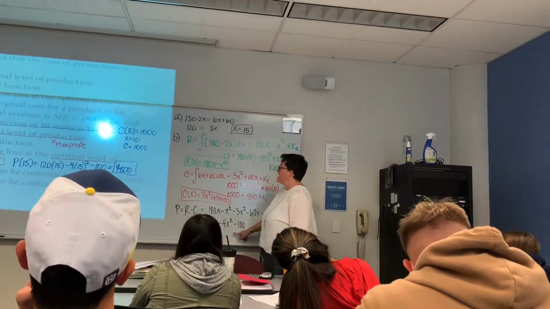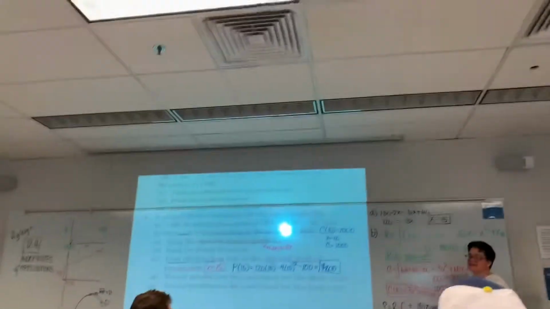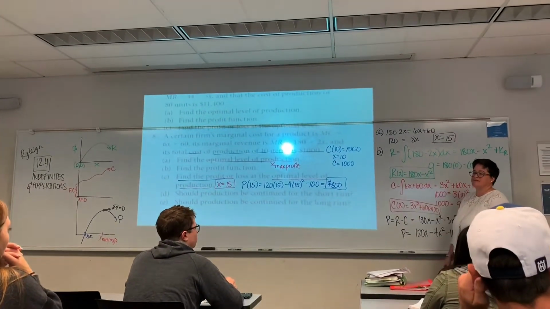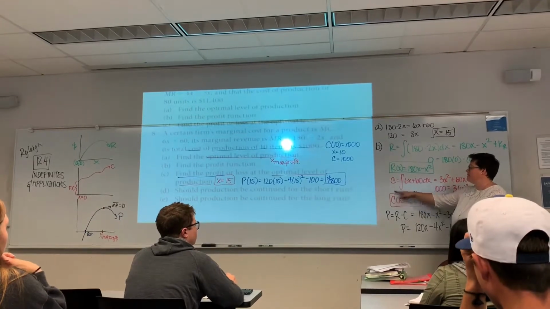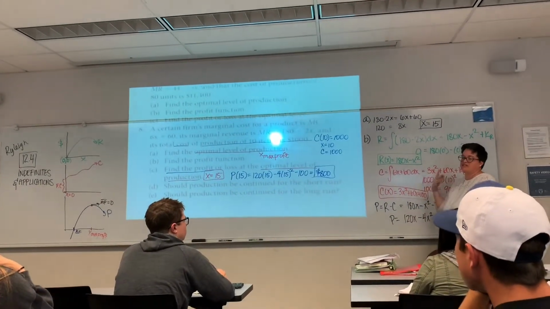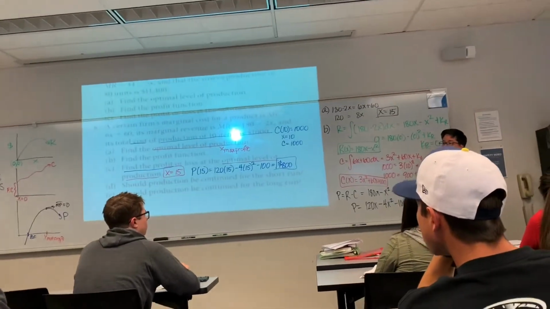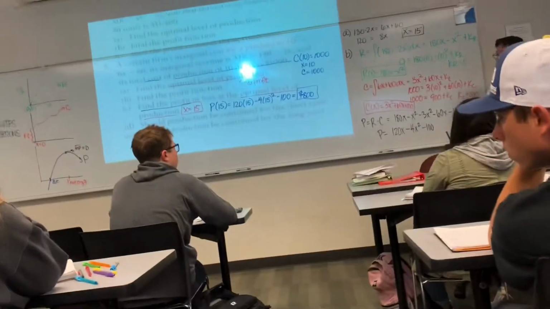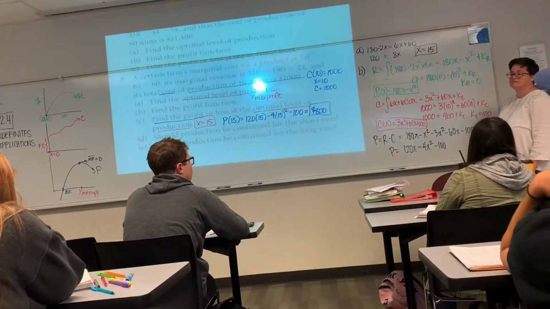The P? Yeah, it's just the profit as a function of X. I can say P or P of X. Just like I can say C or C of X. I write it out formally here versus here to indicate to myself that I've completed it. But that's just my flair. You can do whatever you want to it. But do label, very definitely label these. I just don't care what you call it. Okay?